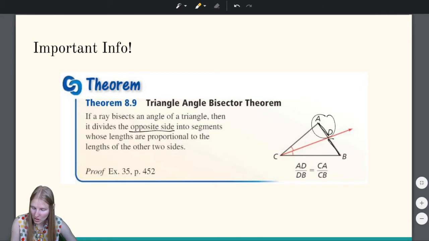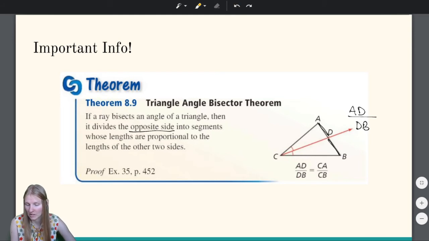So the ratio of these segments created by the intersection of this angle bisector should be equal to the ratio of the other two sides, AC and CB.